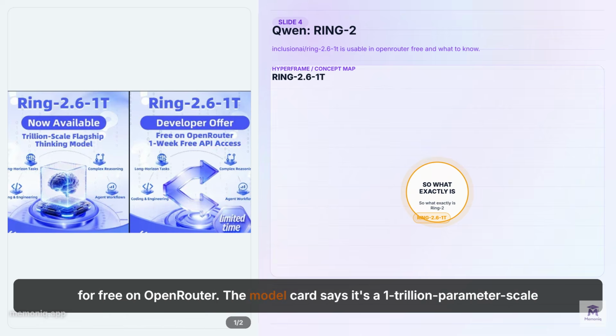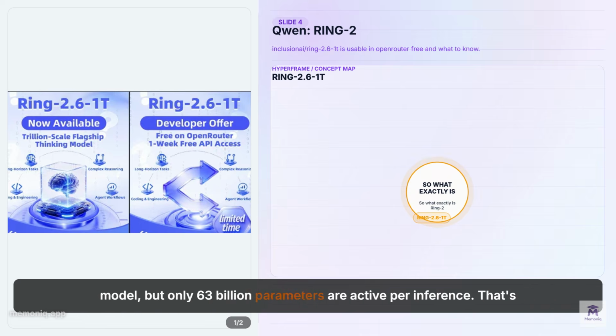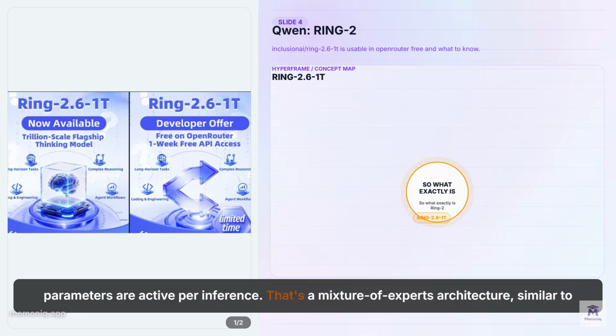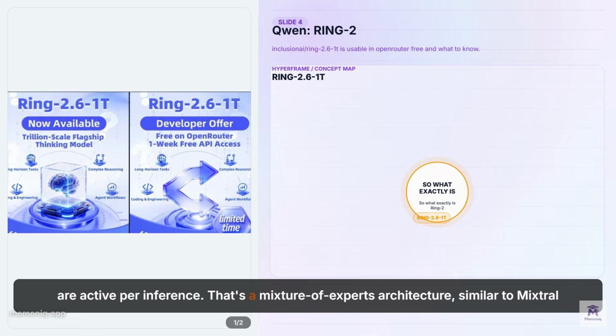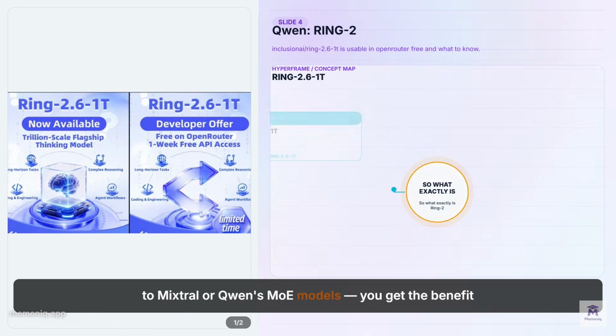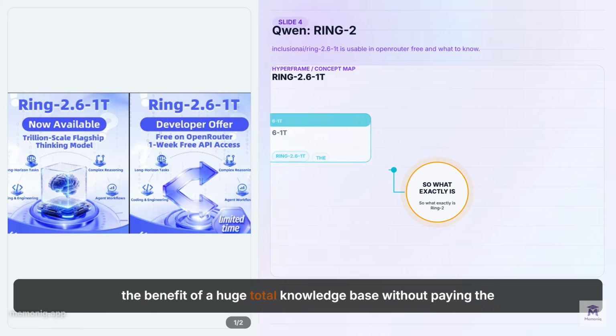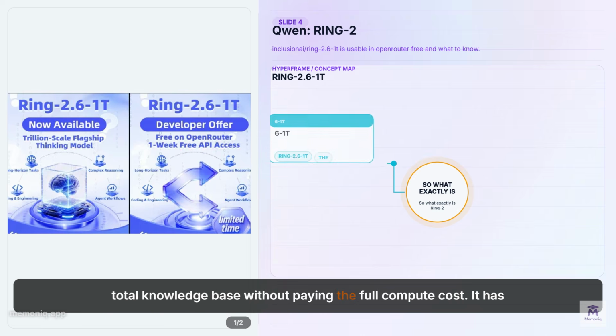The model card says it's a 1 trillion parameter scale model, but only 63 billion parameters are active per inference. That's a mixture of experts architecture, similar to Mixtral or Qwen's MoE models. You get the benefit of a huge total knowledge base without paying the full compute cost.